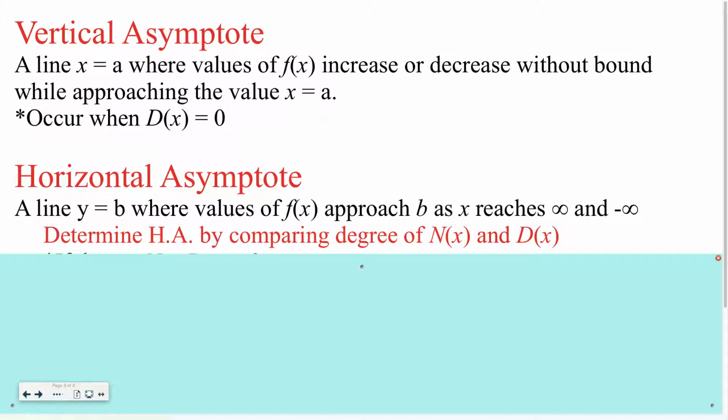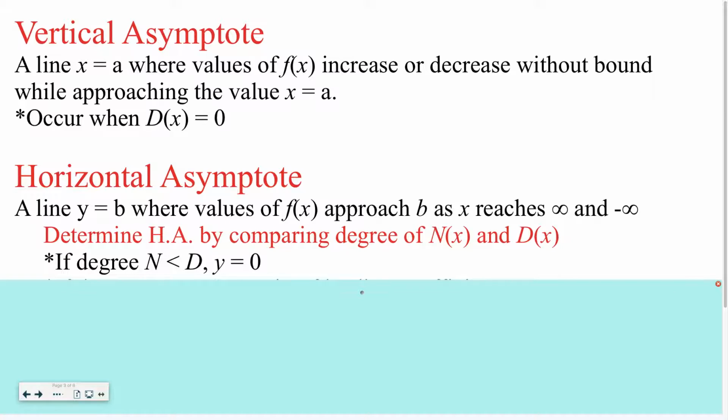So our first case, when the degree of the numerator is smaller, then our asymptote is y equals 0. This means your denominator has a larger degree.